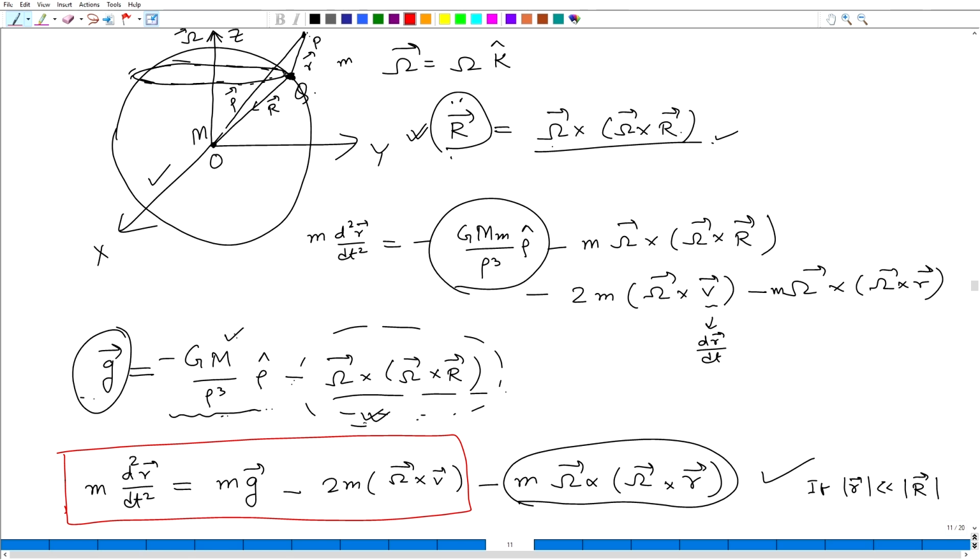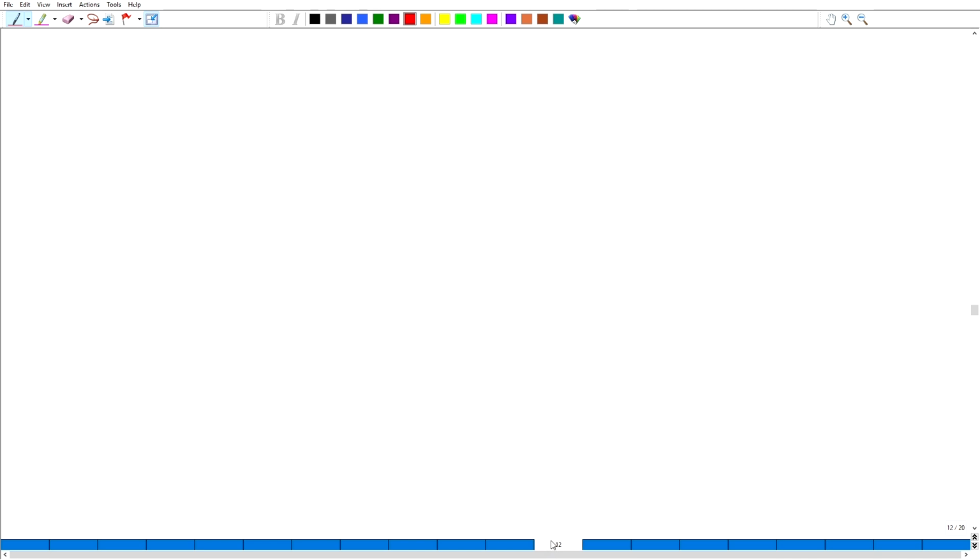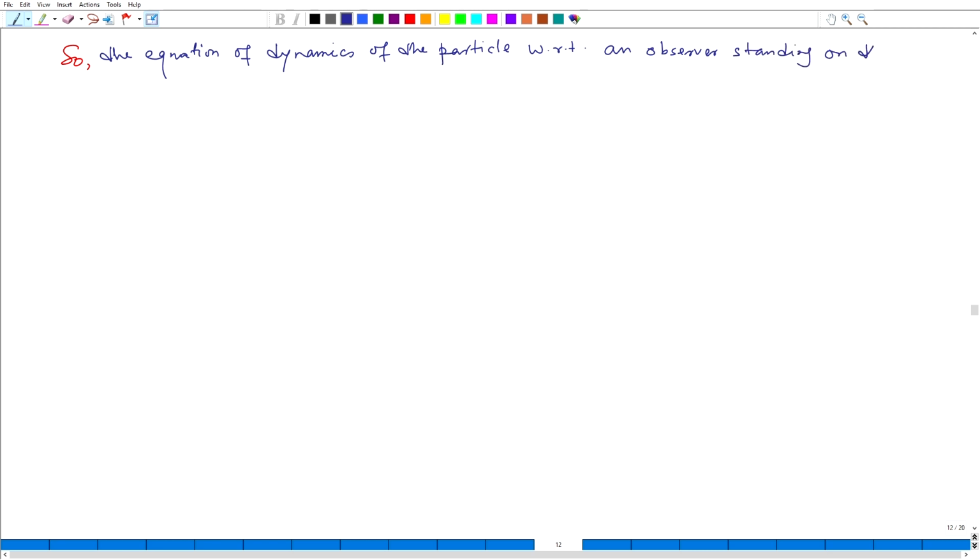Okay. So, although we have started with many terms, you see that some simplifications are going on, and you can actually write the equation of dynamics of the particle with respect to an observer standing on the surface of earth is given by d2r dt2 is equal to g.